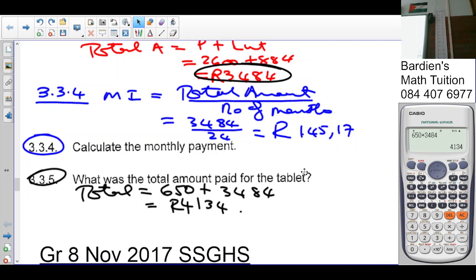After 20 or 25 years, you're actually paying for that same house 2.5 times more than the cash price. On a house of 4 million, after 20 years you have paid well over 9 million Rand.